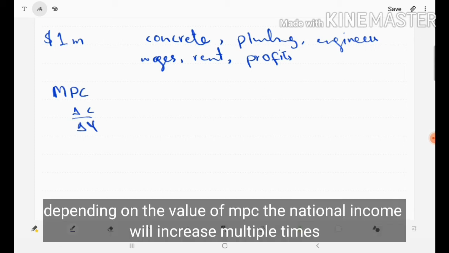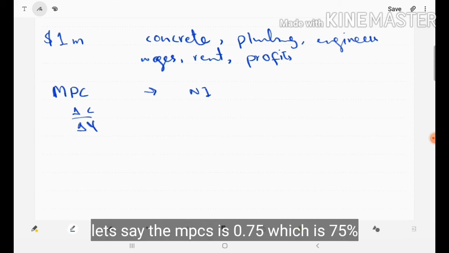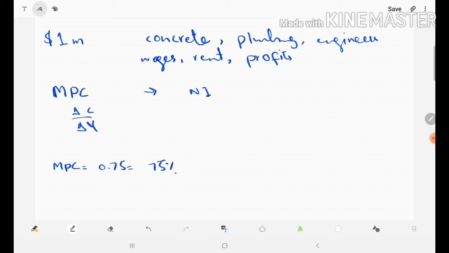Depending on the value of MPC, the national income will increase multiple times, way more than the initial investment made at the start of this process. Let's say the MPC is 0.75, which is 75%, and there's a change in investment of 100.